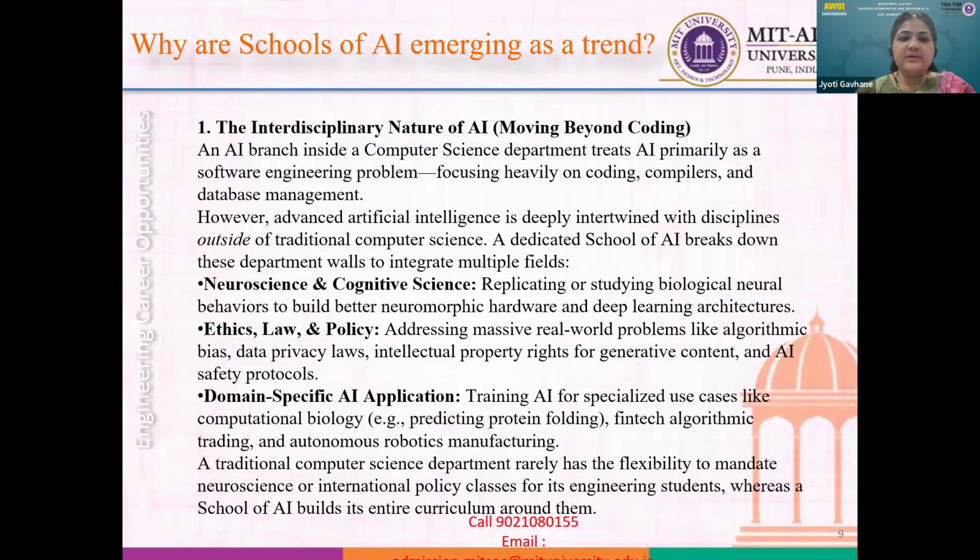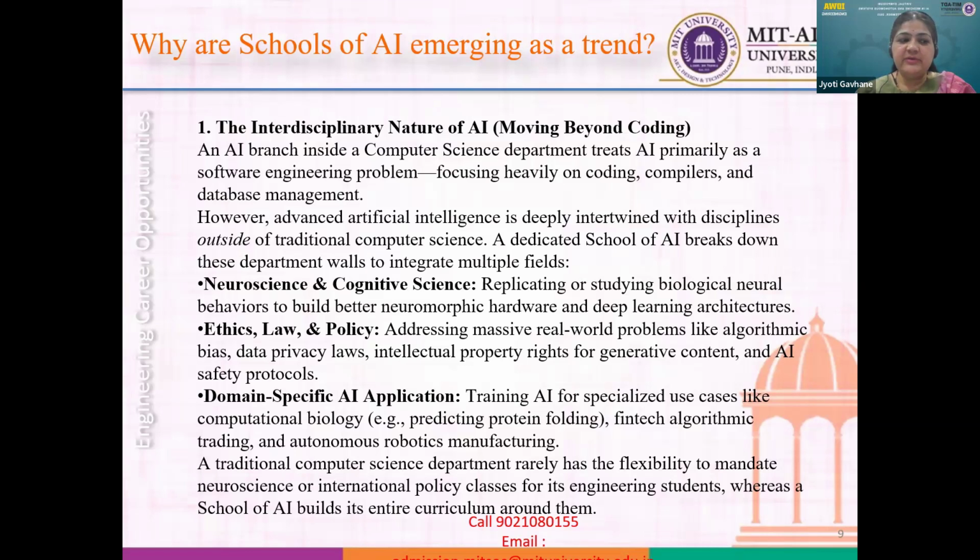The second thing is neuroscience and cognitive science. If I want to replicate or study biological neural behaviors, I should not rely on a particular expertise. You have to learn the theory behind that and try to build better neuromorphic hardware as well as software architectures with the help of deep learning.